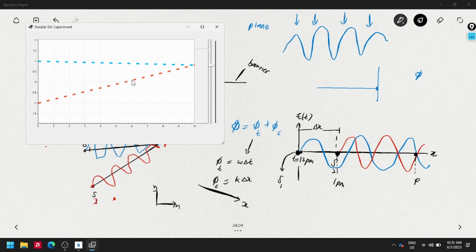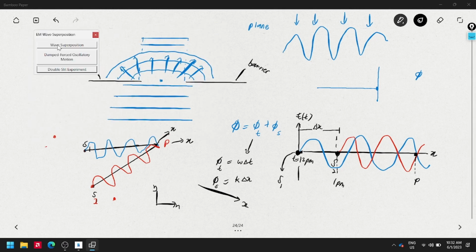So for example, here is the maximum, minimum, maximum, minimum, maximum, minimum. So here, the minimum of my red light meets with the maximum of my blue light, so they will cancel off. I'll show you why they will cancel off.